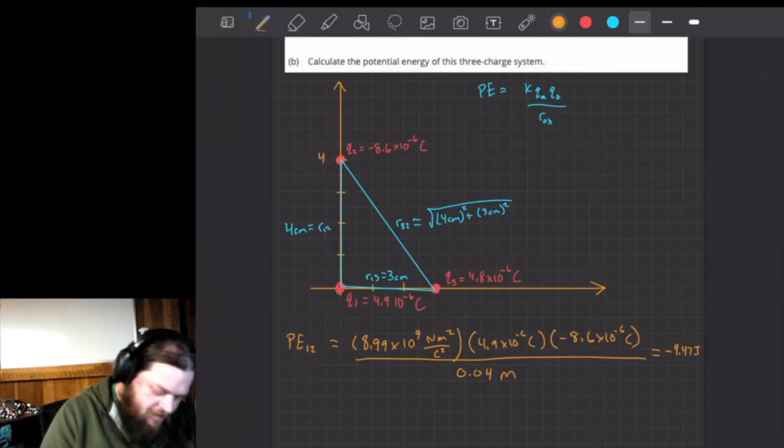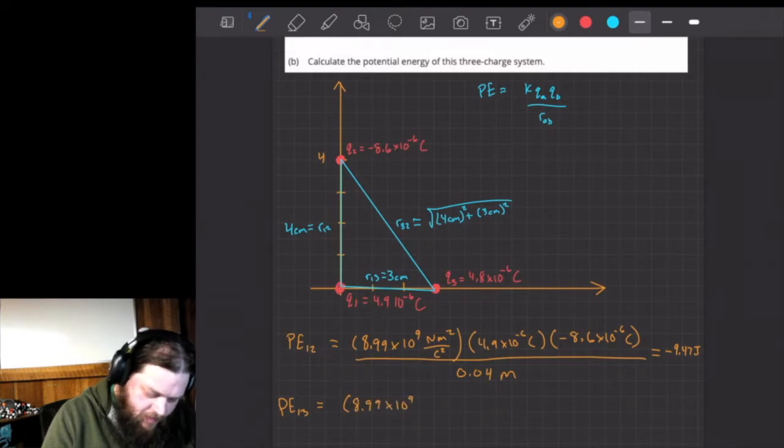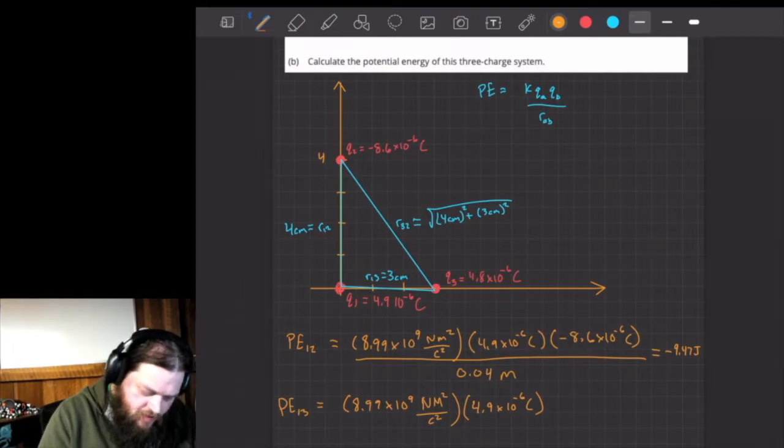And let's look at the potential energy between 1 and 3. Same idea, 8.99 times 10 to the 9th power newton meters squared divided by coulomb squared, times Q1, which is the same, 4.9 times 10 to the negative 6 coulombs. Q3 is 4.8 times 10 to the negative 6 coulombs.